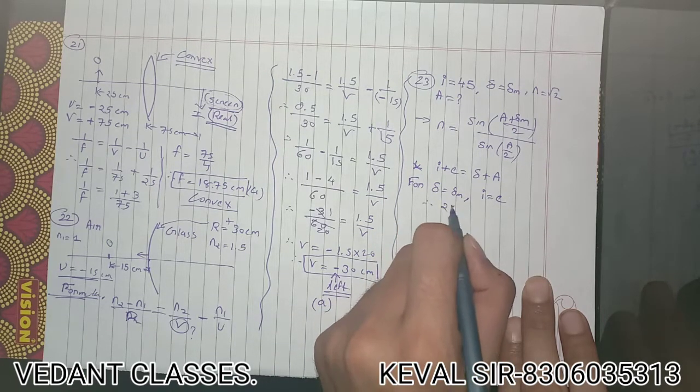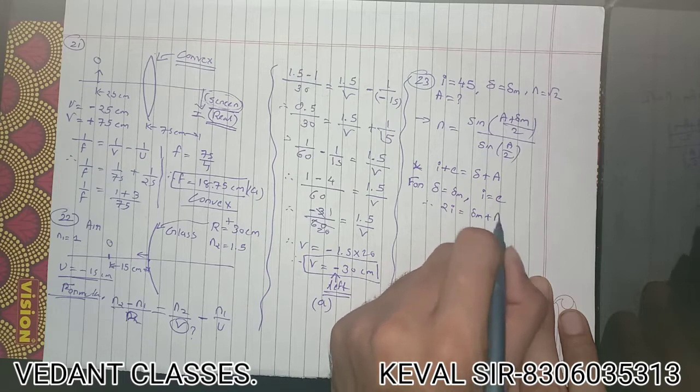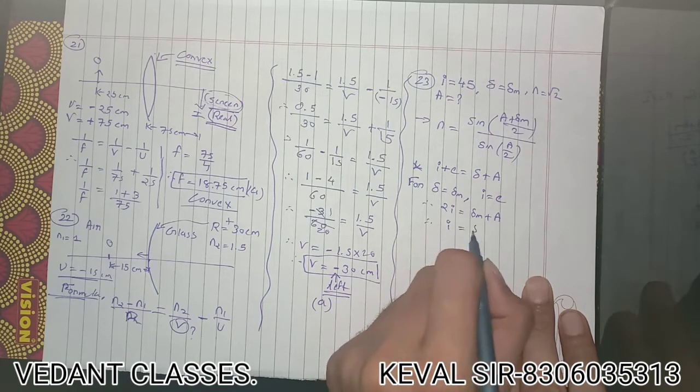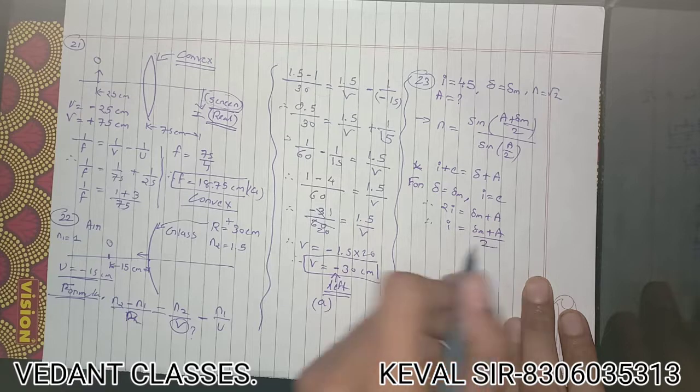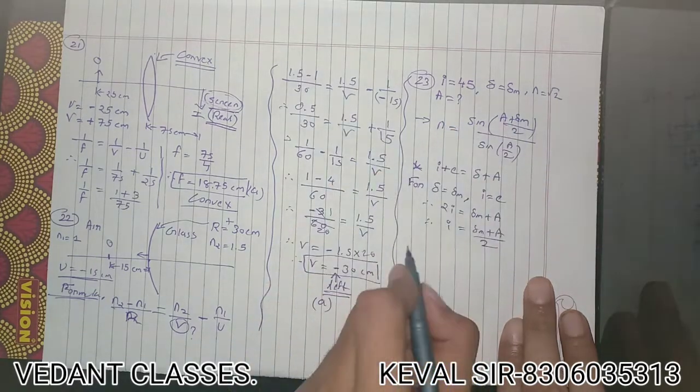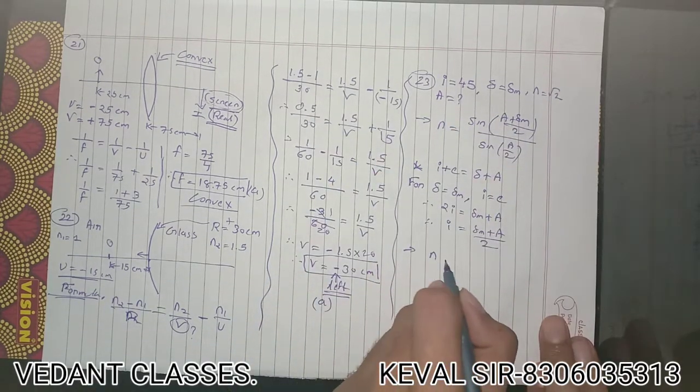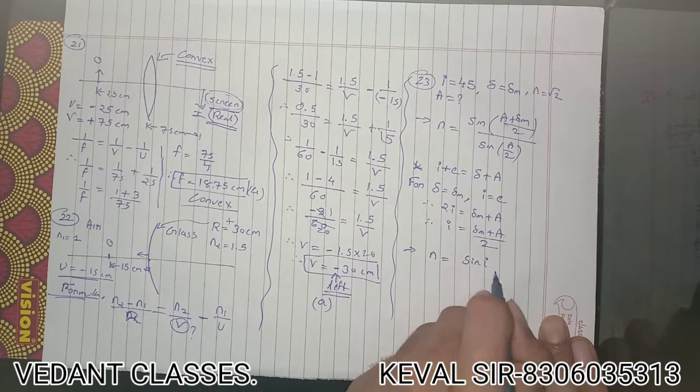So can we write like this, 2i is equal to delta m plus A. So therefore i is equal to (delta m plus A) by 2. So we can write i over here. So the formula becomes n is equal to sine i upon sine(A by 2).